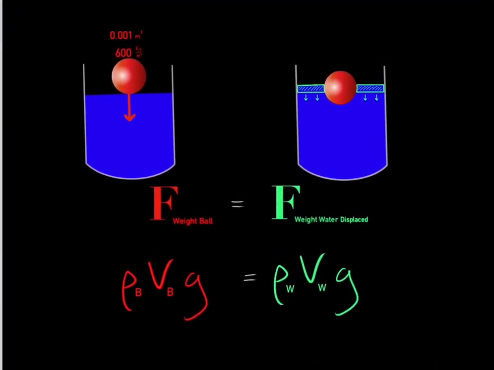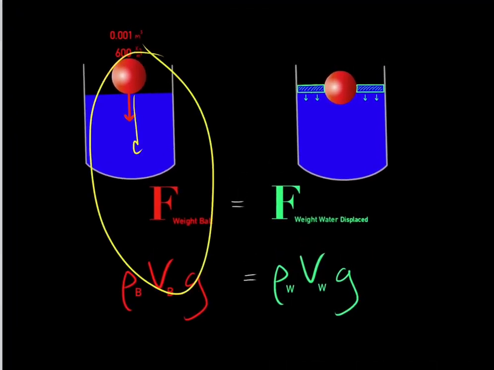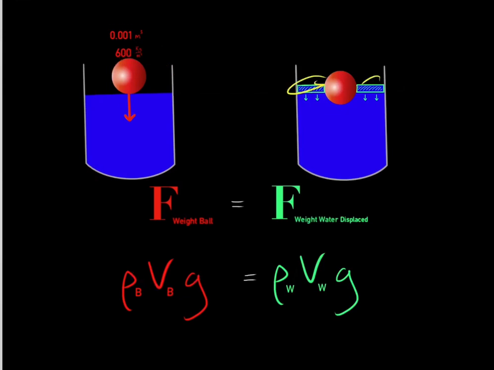And remember, this force of this ball going downwards must equal the force of this displaced water going downward. These forces must equal each other, and that's why the ball isn't moving, because the force that the ball feels downward equals the force that this water lifts it upward. So these two forces equal each other.